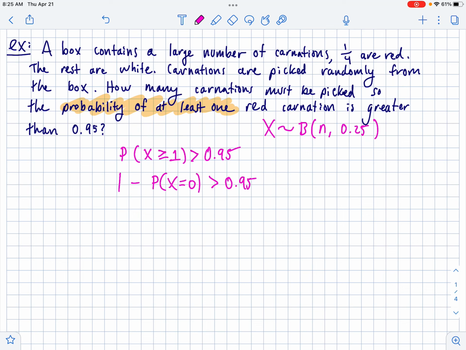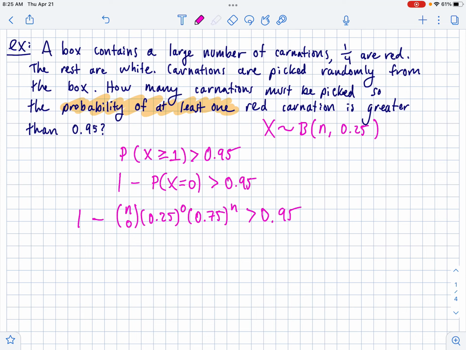Now, the probability of none, using the binomial distribution formula, is n choose 0, 0.25 to the 0, because we're getting no red flowers, and then it would be 0.75 to the n power, and then this is greater than 0.95.